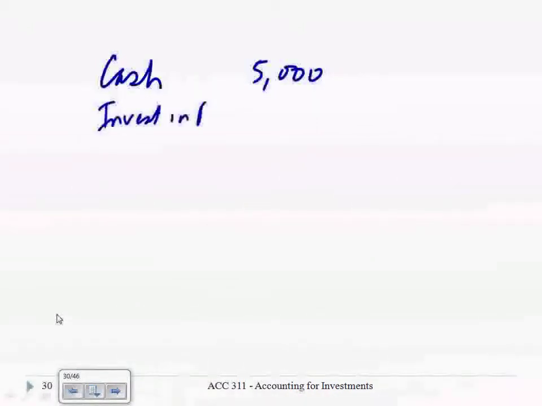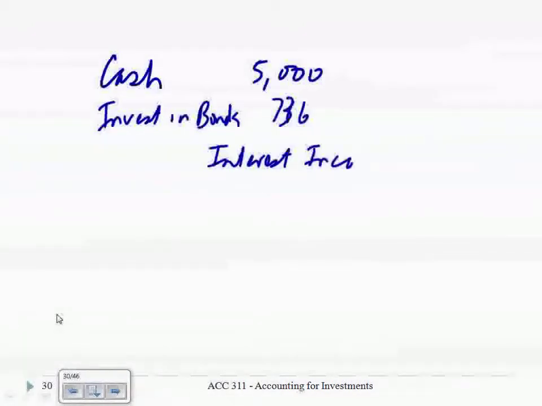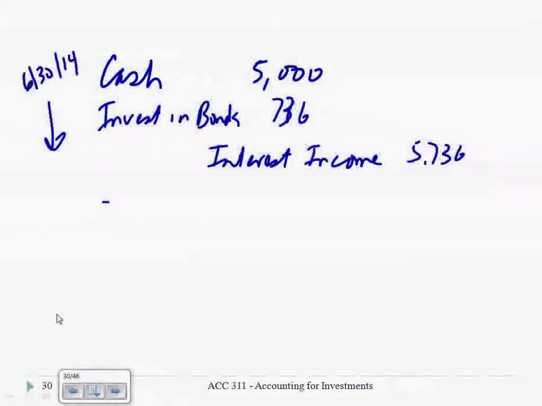Investment in bonds, $736. And I have interest income of $5,736 each period. Now this is going to be the journal entry on 6/30/14 all the way through until we sell the bonds or they mature.